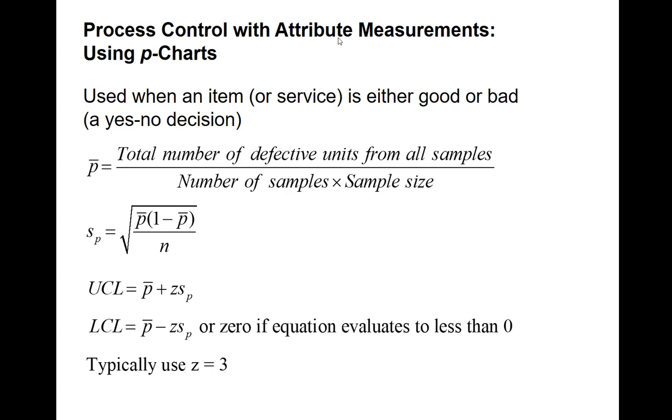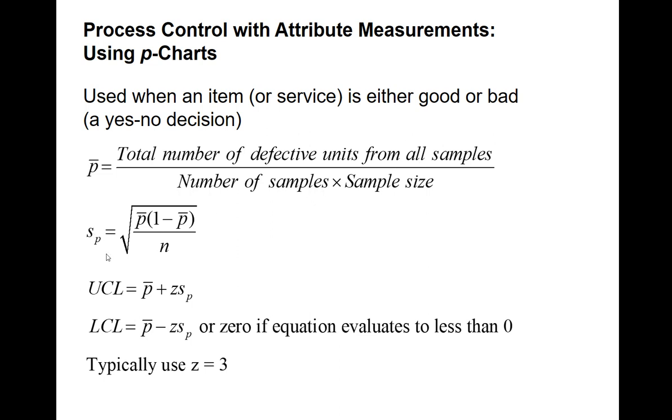As an attribute control chart, the P bar here is the average of the output you pick up. The P bar is the total number of defective units for all samples divided by the number of samples.